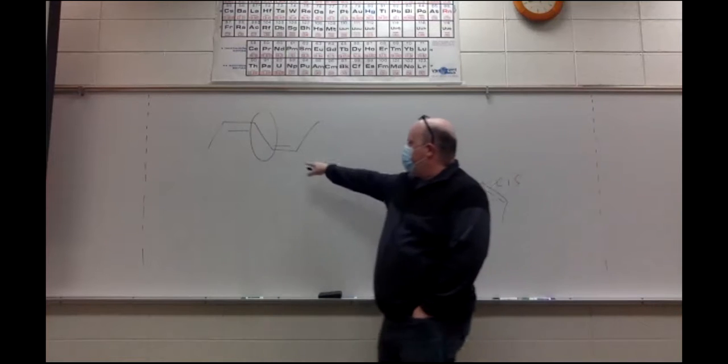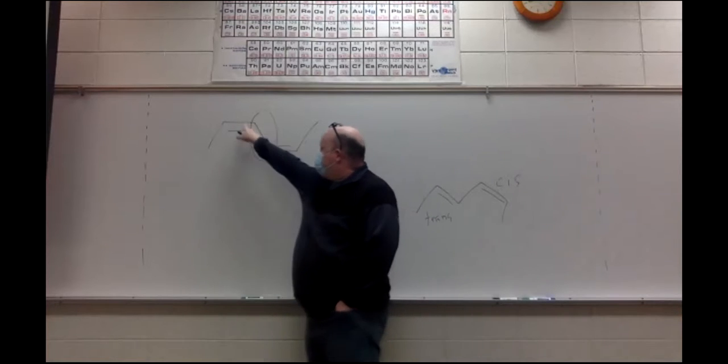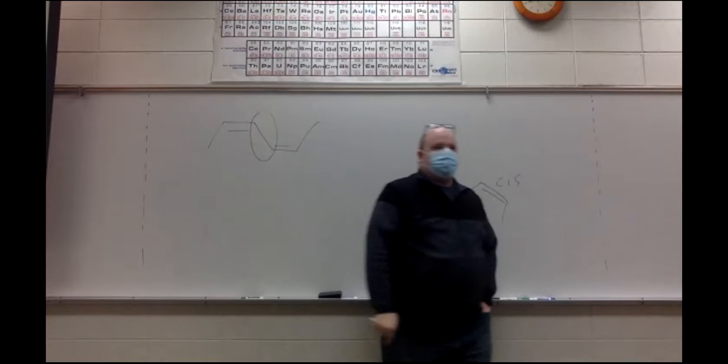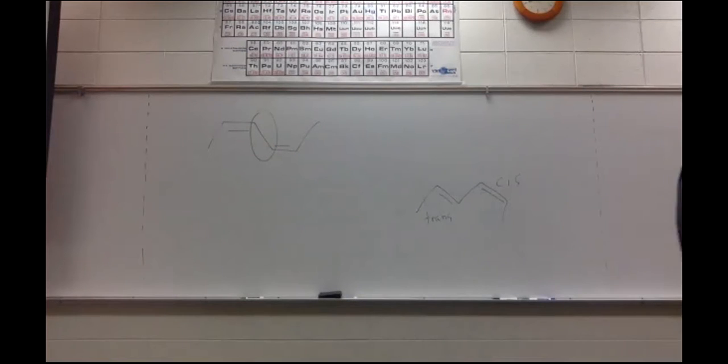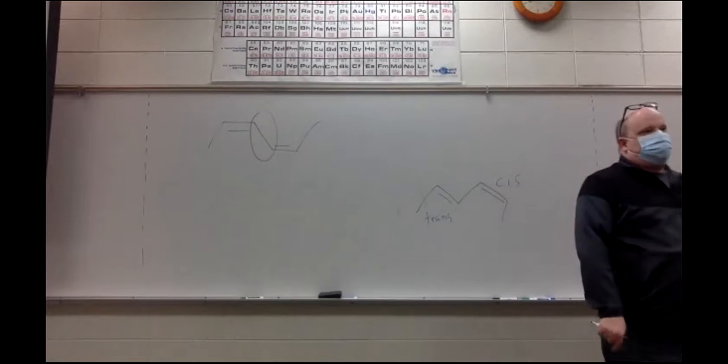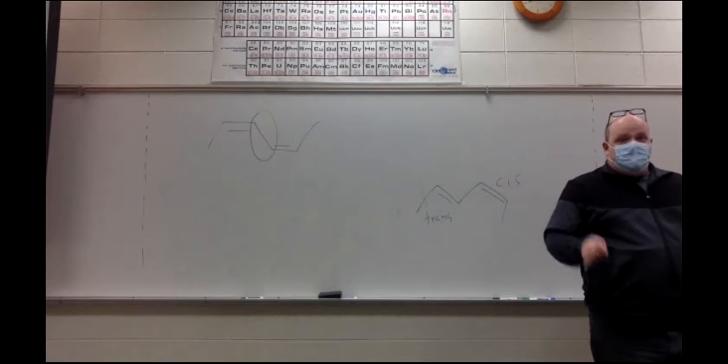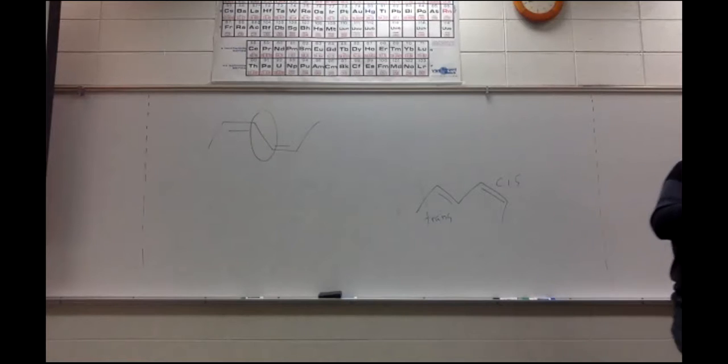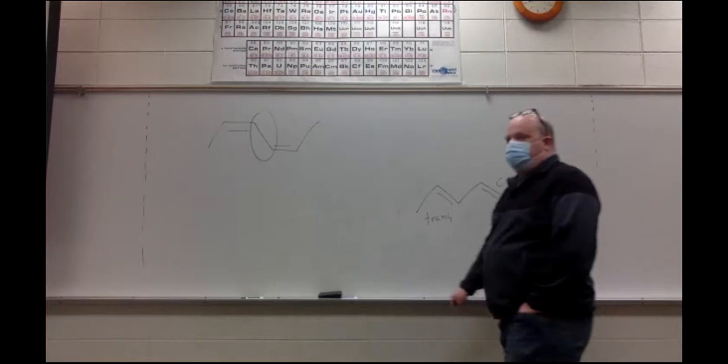Well, we can also describe how these double bonds are arranged from that single bond. Isn't that fun? And you still use the term cis-trans to describe these. The only caveat is that you use an S in front of the cis or trans.